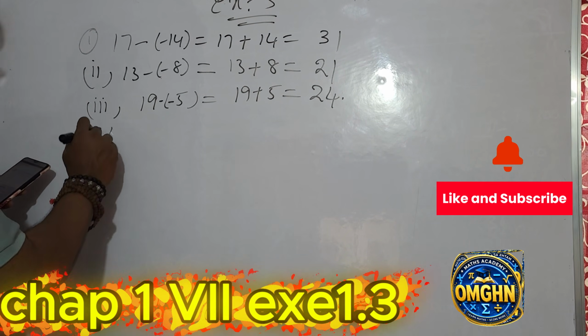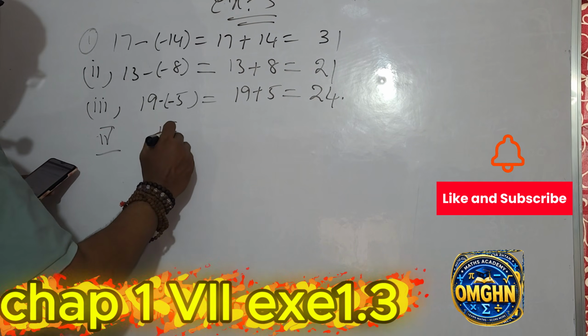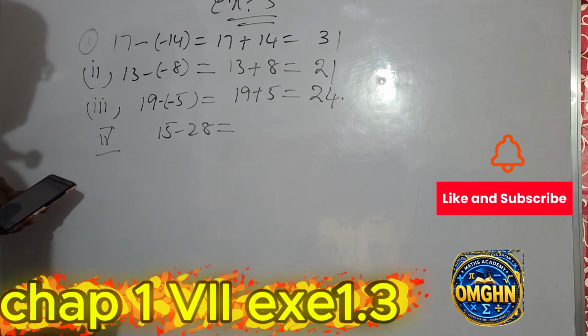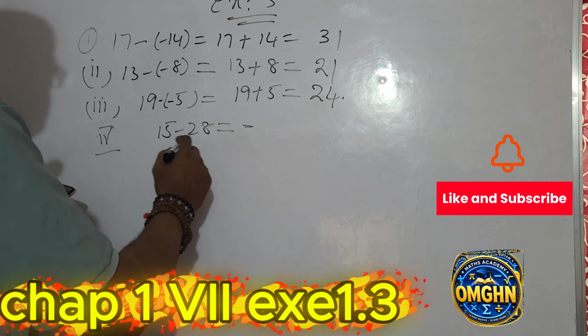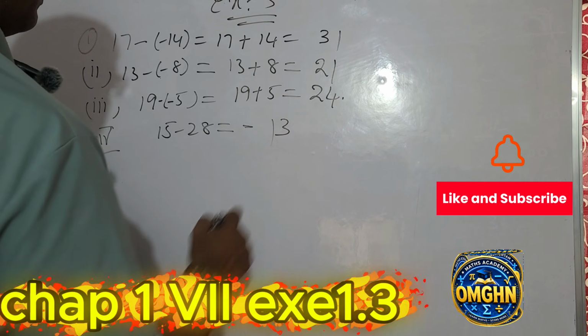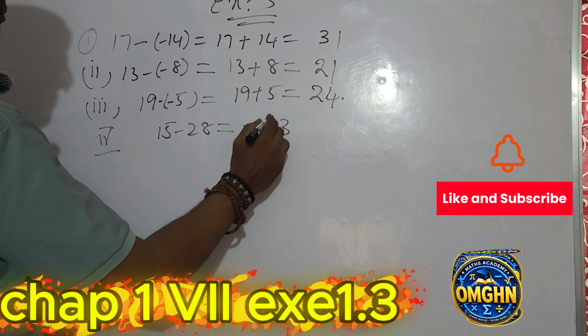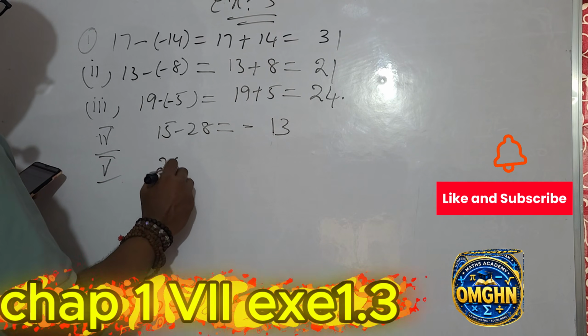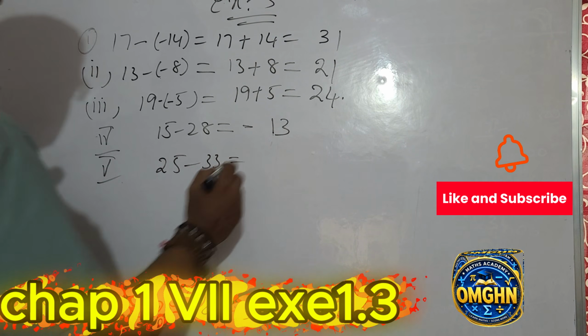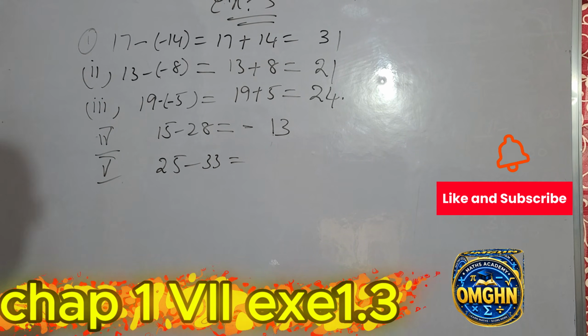Fourth sum. 15 minus 28. So minus is bigger, minus number will come. 13 is the answer, minus 13. Next, fifth sum. 25 minus 33. Here also the bigger number is minus.